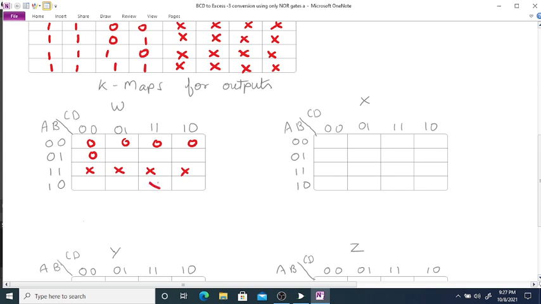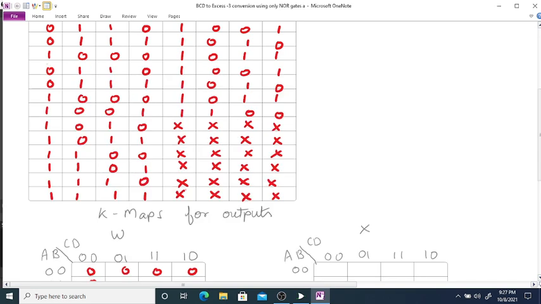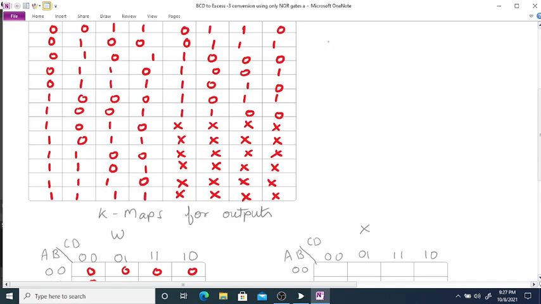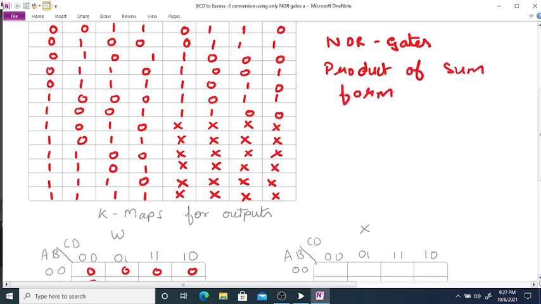Now, in all the K maps we are going to consider only 0 as we are going to implement the given circuit using only NOR gates. So, it will be better if we take the expression in product of sum form, so we can implement it easily using NOR gates.